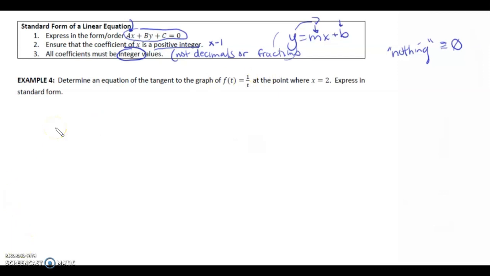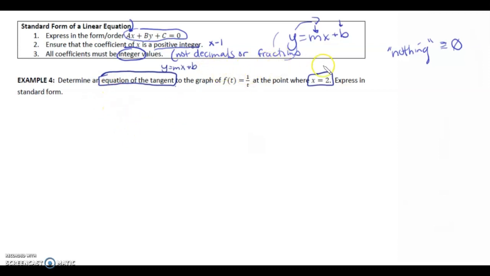So example 4, determine an equation of the tangent. Remember a tangent is a line, so we're just talking about an equation of a line, which is usually y equals mx plus b, to the graph of f at t equals 1 over t at the point where x equals 2. And then what we're going to do is express in standard form.